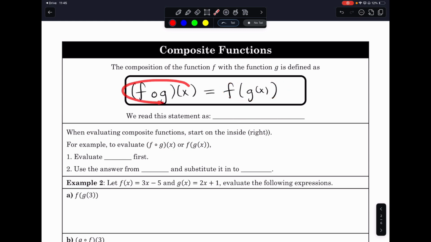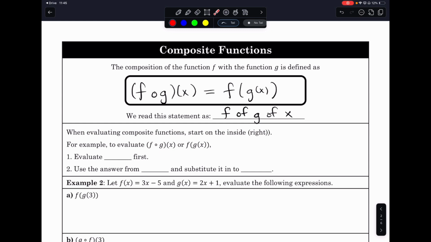This notation, as you'll hear me call it f circle g, is referring to taking a function g and using that function as the input values to this outside function f. And the way that we read both notations is f of g of x.